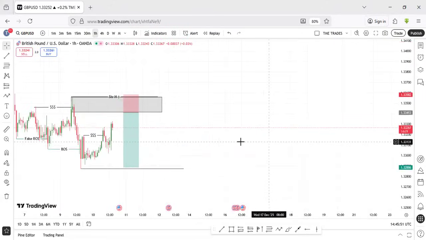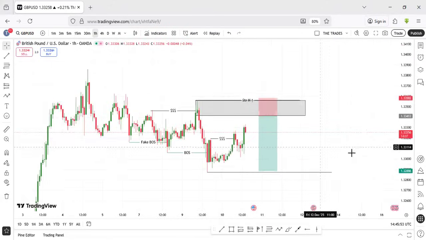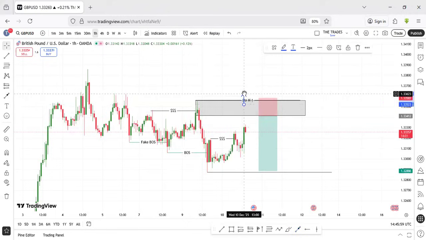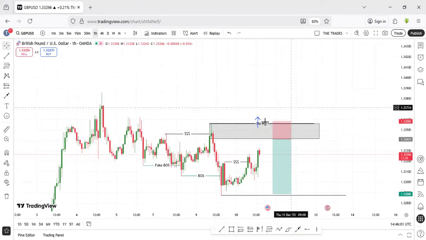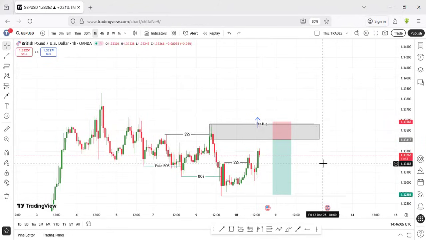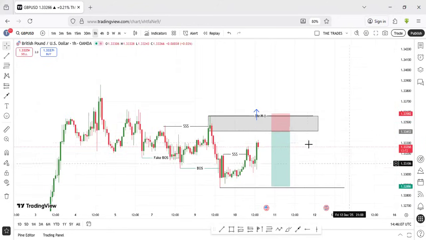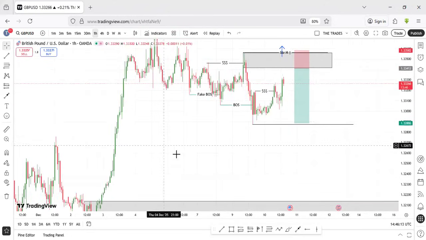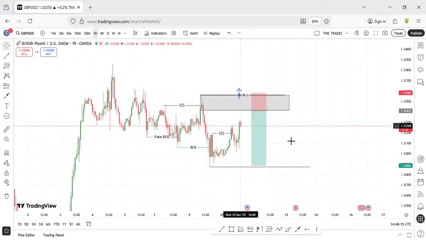So on GBPUSD, this is what I'm expecting. And if the market decides to go above this high and close above this high, then I will continue looking for more opportunities today upside. Remember, trading is reactive and not predictive. If this market closes above this, that means the market has refused to come down to fill this gap, and it will come back in the future.